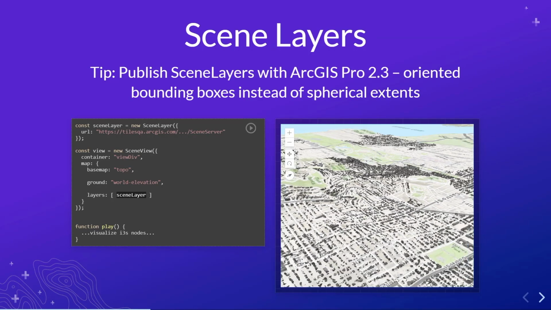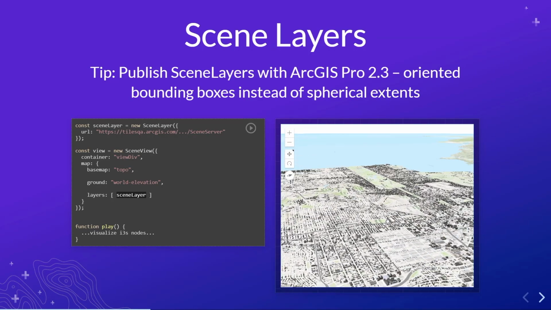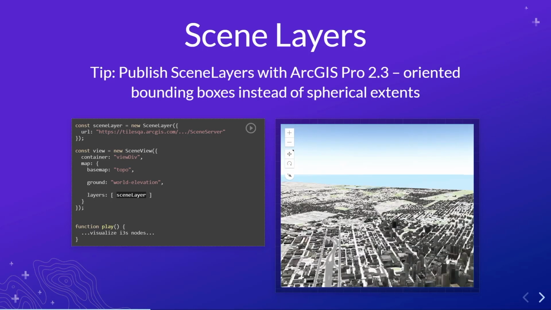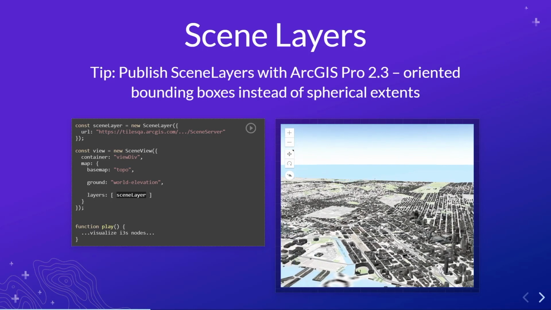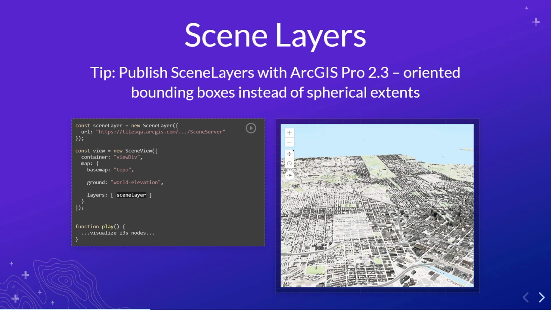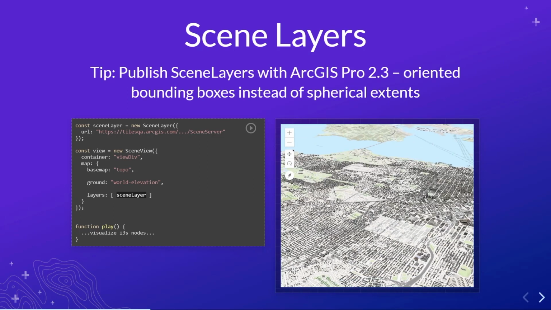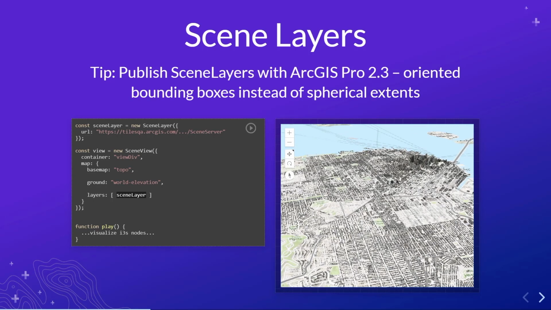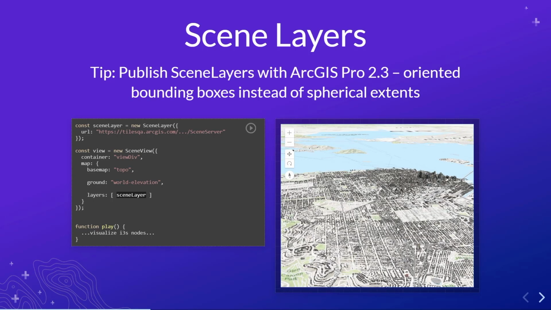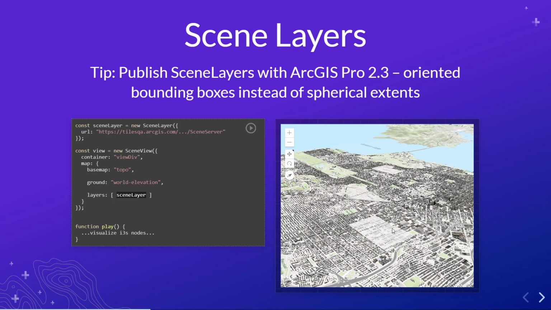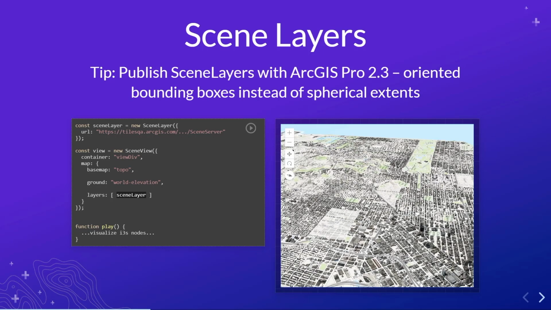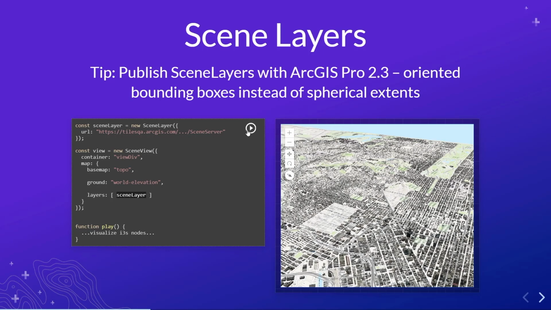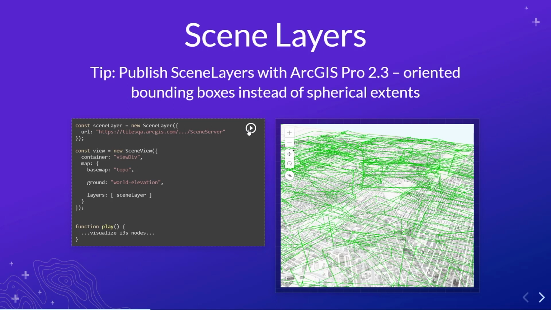So here I loaded a San Francisco scene layer that we can see is streaming in as I move the viewpoint. And you might imagine that there's a certain logic to the way we stream in this data, and this logic is tightly bound to the cooker that published this data for us. Now, if I hit this play button here, I will halt the view and the updates of the rendering and just visualize the nodes.